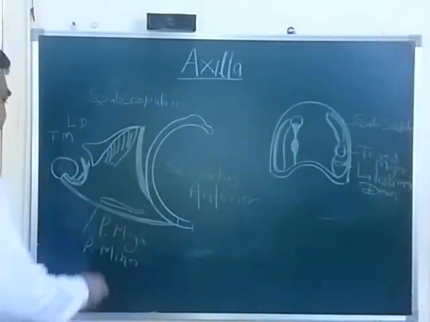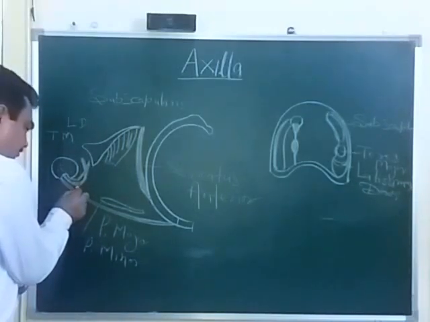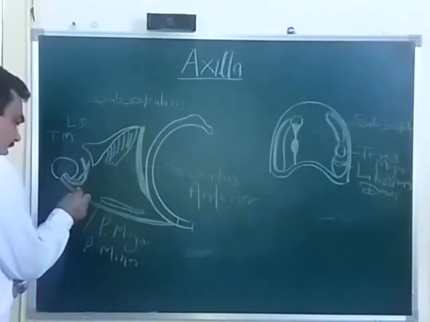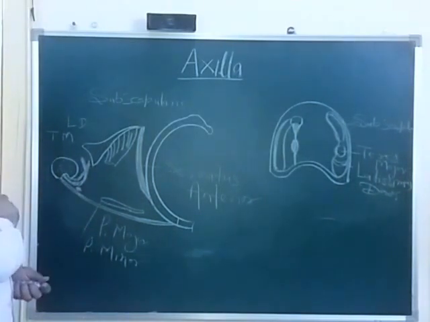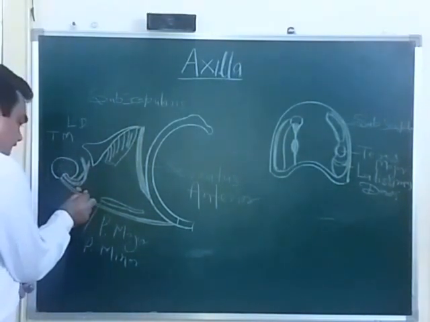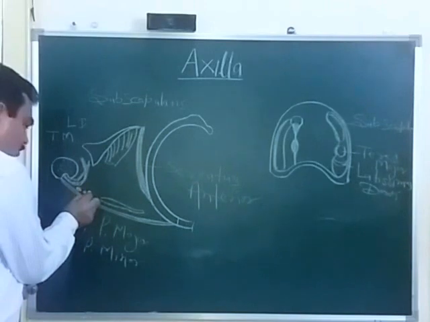And the lateral boundary is very narrow and is formed by the long head of biceps brachii, the short head of the biceps brachii, and coracobrachialis.